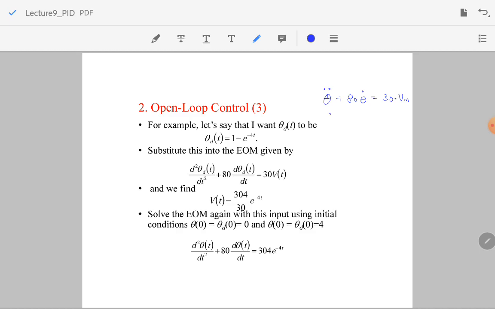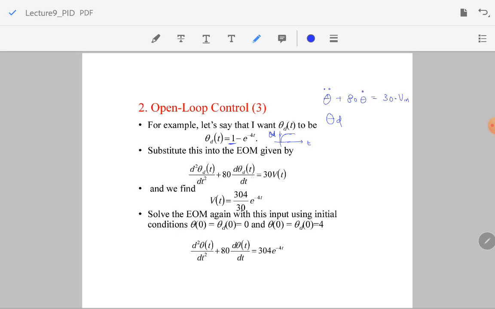But there's no way theta d can become 1 radian immediately. So we're going to put in 1 minus e to the minus 4t, where my desired theta d has a smooth curve from 0 to 1. This is your time, this is your theta desired. It will go to 1 radian in a short time, but there's no jump from 0.